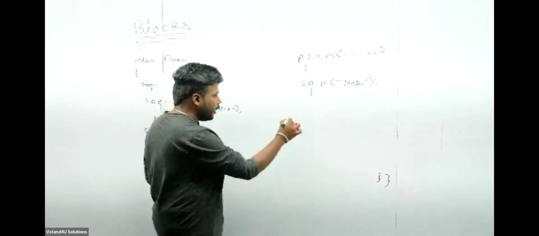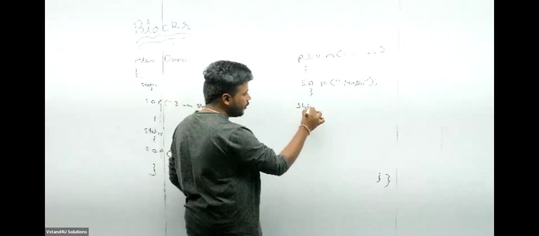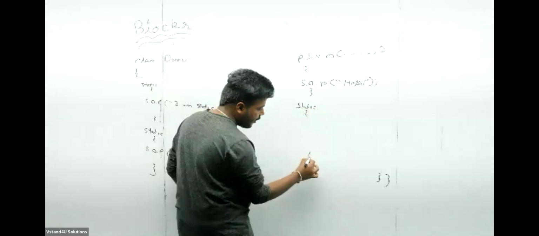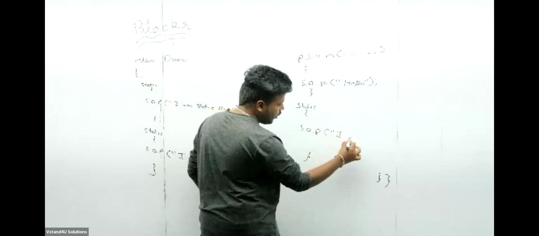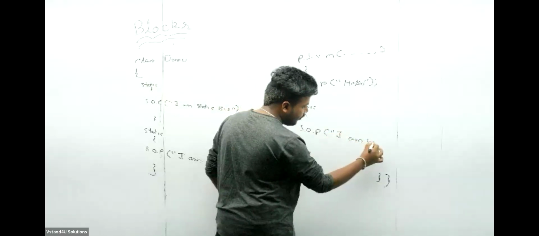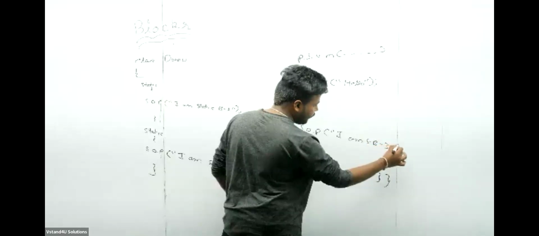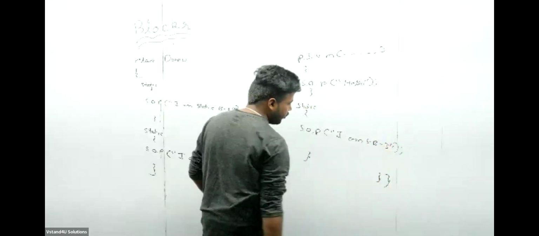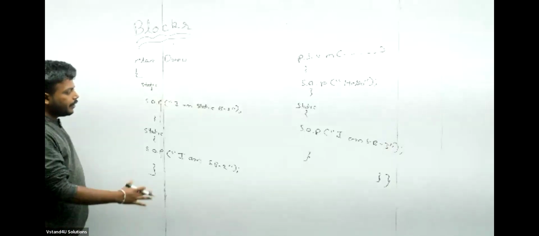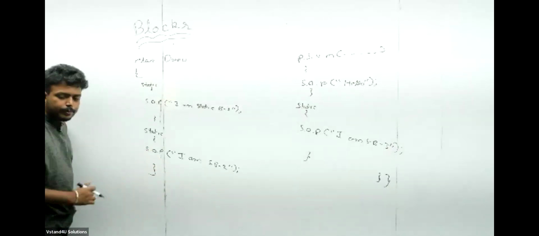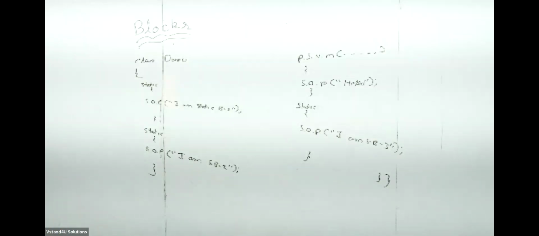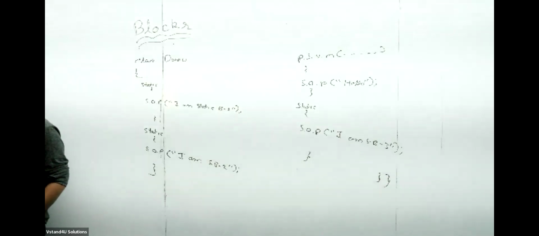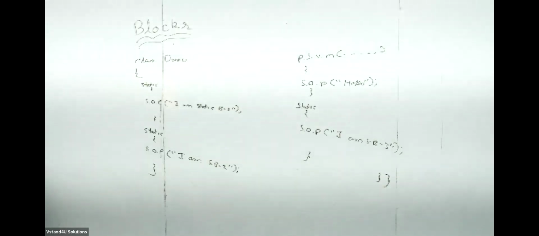Then again I will take a static block with a printing statement: "I am static block 3". Now, if I run the program, what will be the output?